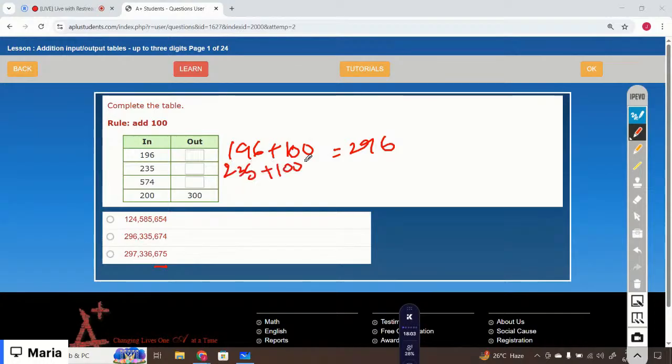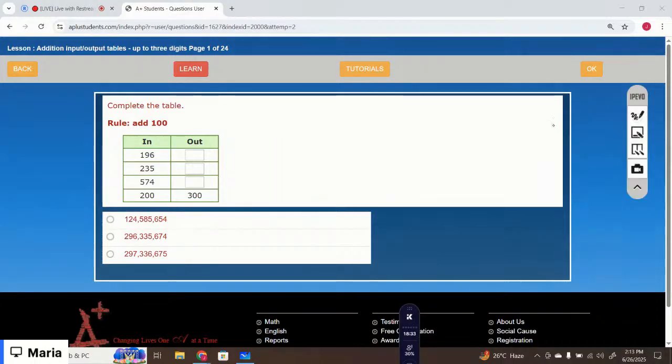Then 235 plus 100. So 2 plus 1 is 3, that is 335. Then 574 plus 100. So 5 plus 1 is 6. So that makes 674. So the correct option is 296, 335, and 674. Option number 3 is the correct option.